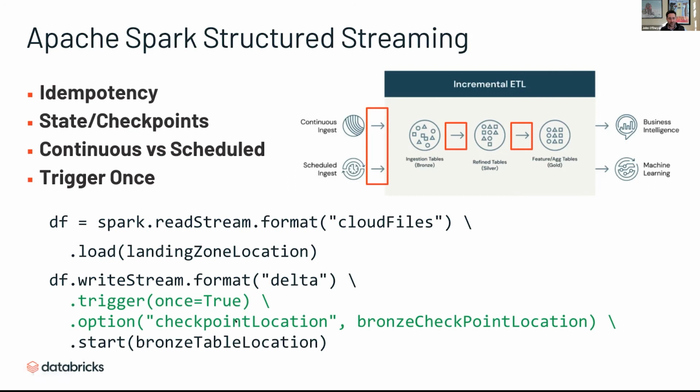And using this checkpoint location, essentially as it's writing the metadata associated to the state of where it is at any given time, what that allows it to do is, when the stream identifies that it's finished reading data, it can shut itself down, and that checkpoint location will understand where to pick up when the next run needs to happen.